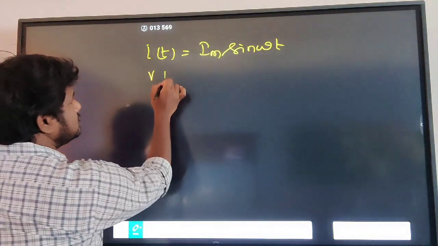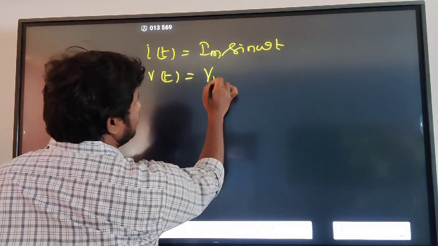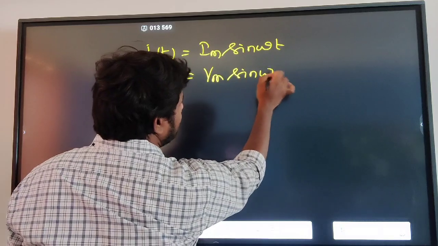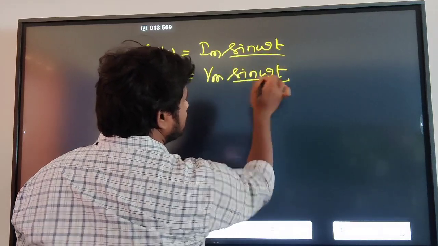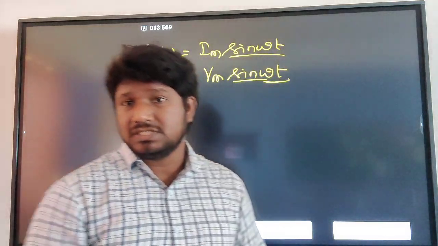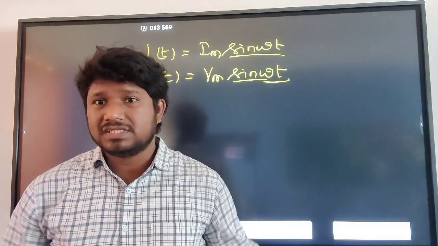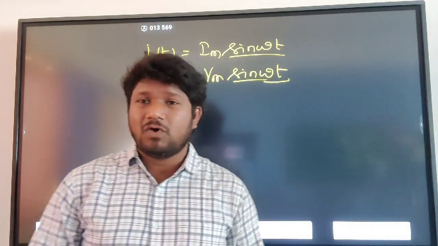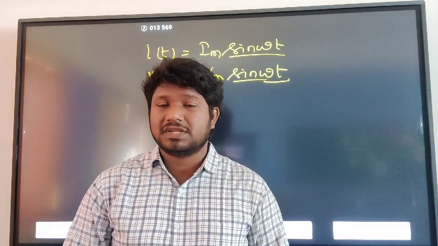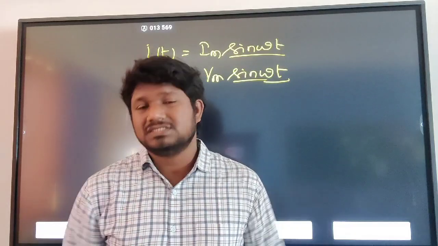V of t equals Vm sin omega t. If you clearly observe these two functions, there is no phase difference at all. That means for a resistive circuit there is no phase difference.